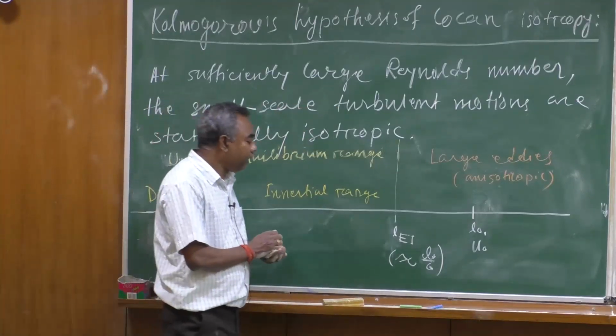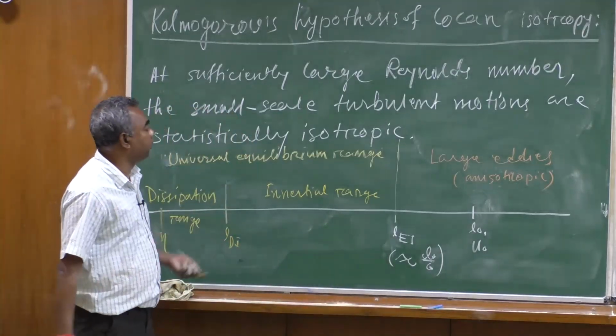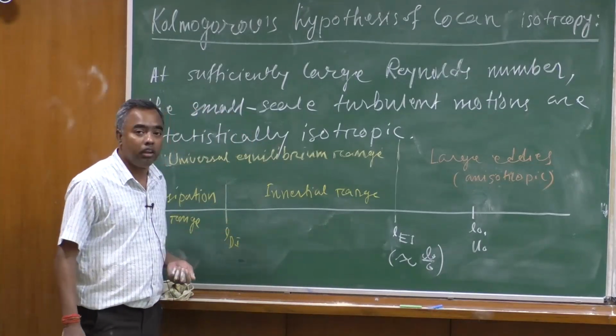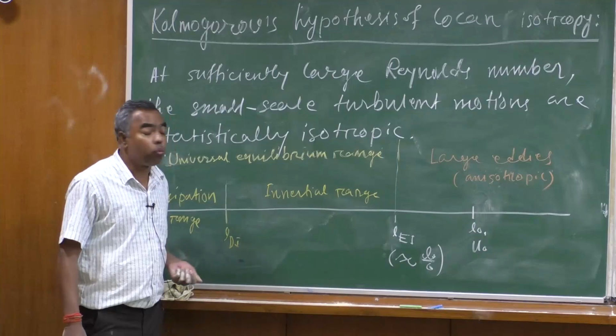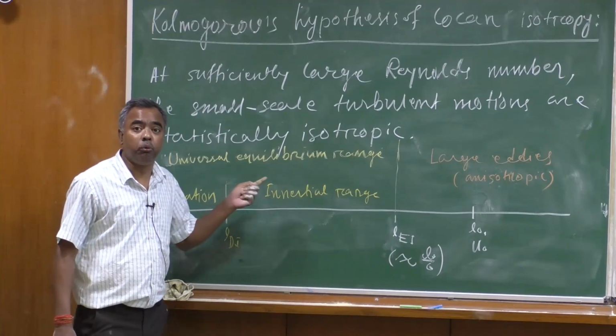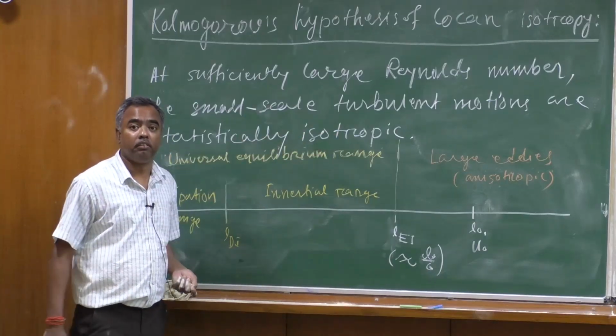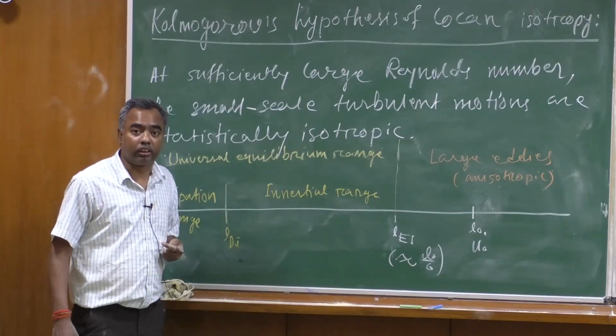This is fine. Now the question can be asked: they are isotropic, they do not depend on the orientation of the axis, but what about the parameters that the statistics do depend on? That is the next question.